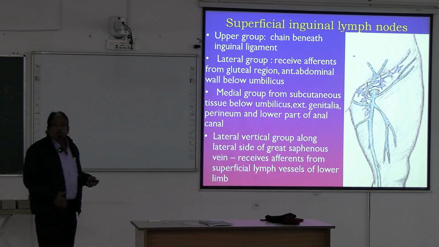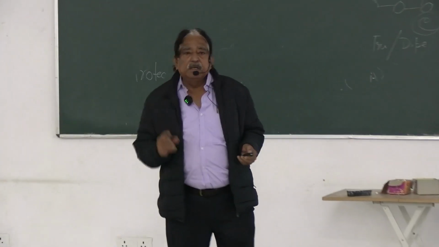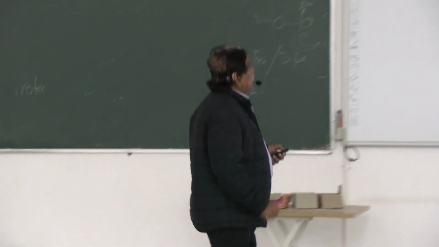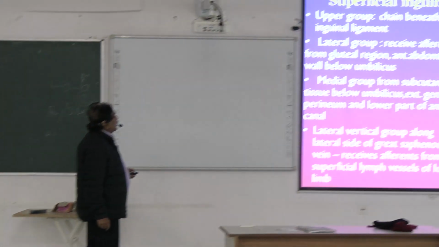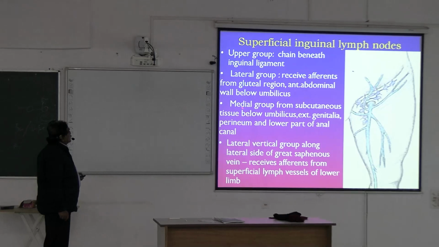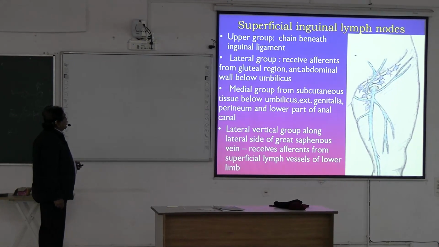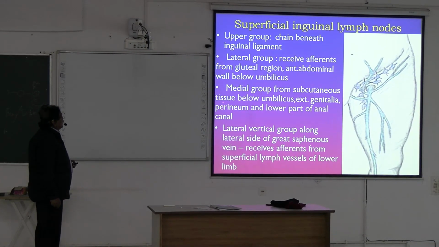Now, any person with enlarged inguinal lymph nodes, in this part I am trying to stress the medial group from subcutaneous tissue below the umbilicus, external genitalia, perineum and lower part of the anal canal.